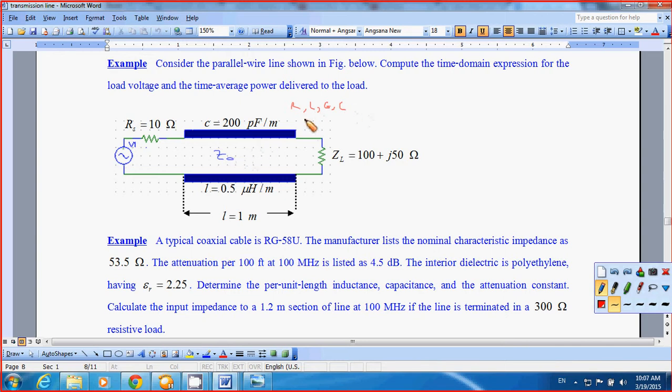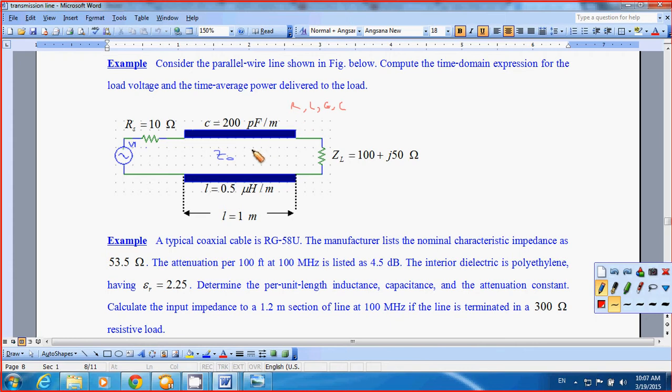But I'm not going to go back to that. You can go back and see the transmission line on my YouTube. This one I'm going to talk about the Smith chart.